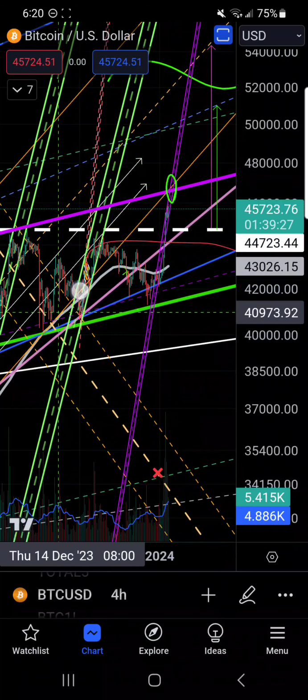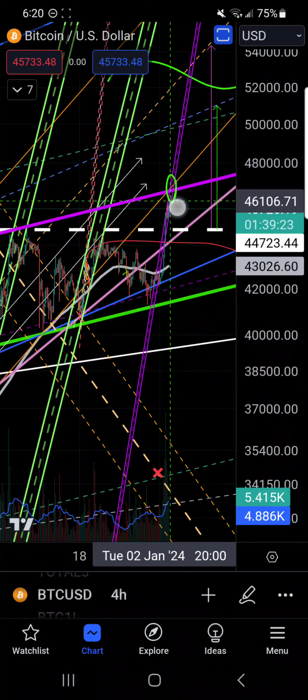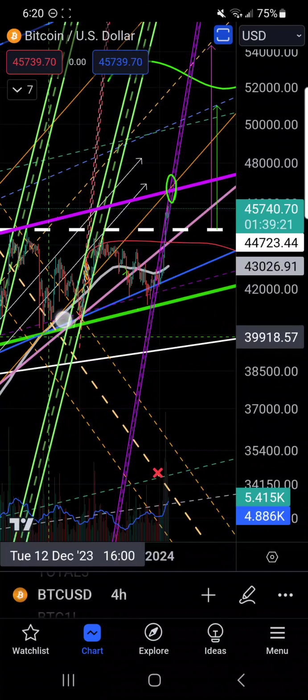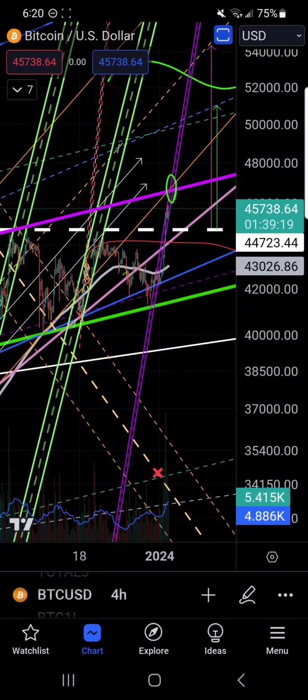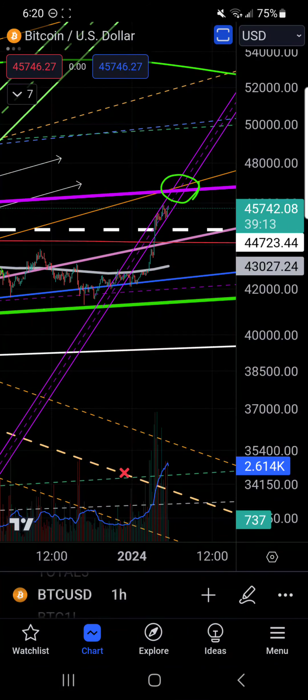So that's where some other trend lines also converge. This converges, that converges, and this other trend line here converges. So let's zoom in on the hourly.